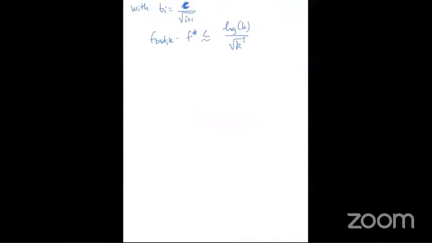In fact, with a finer analysis, I think you can get rid of the log k, but this is not so important. There are other choices of step sizes one can consider, but I will not discuss them here, because these are typically the most used choices.